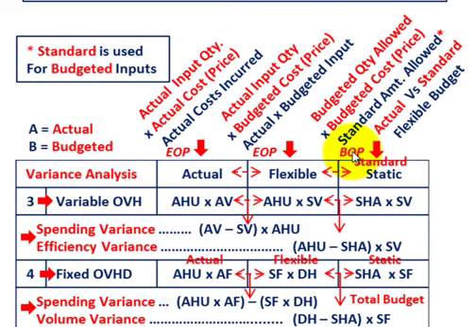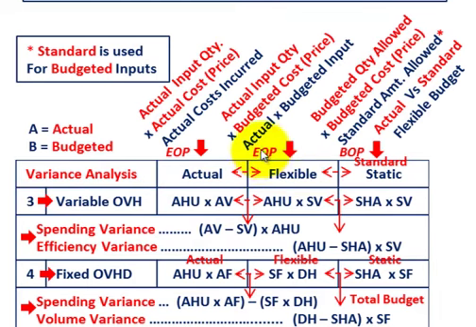Okay, so once you've got your standard determined at the beginning of the period, then at the end of the period, you can determine the actual amounts you have, and that's really the actual input quantity times some actual cost or price, and that equals your actual cost incurred. Now at the end of the period, you know your actual cost, and knowing your standard amount from the beginning of the period, you can determine your flexible amount.